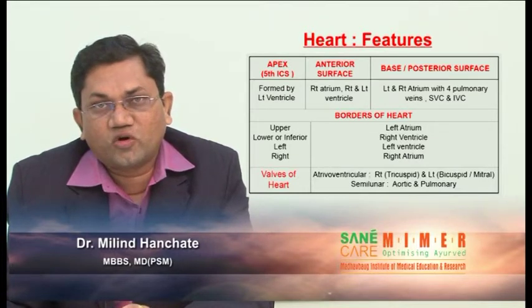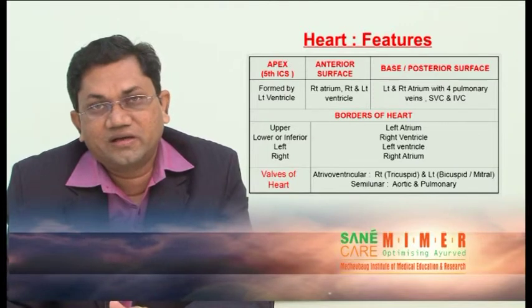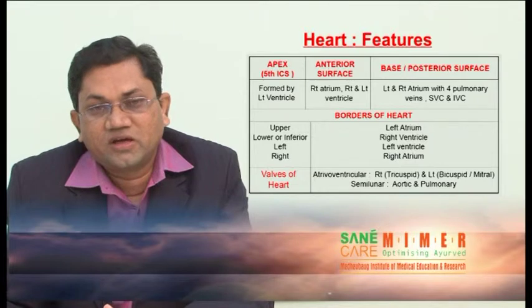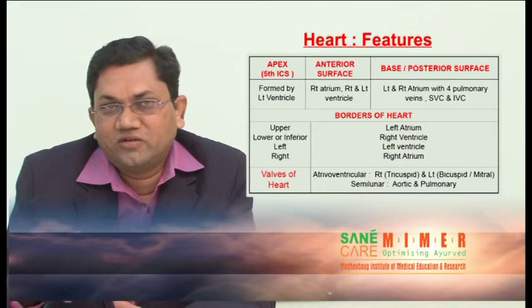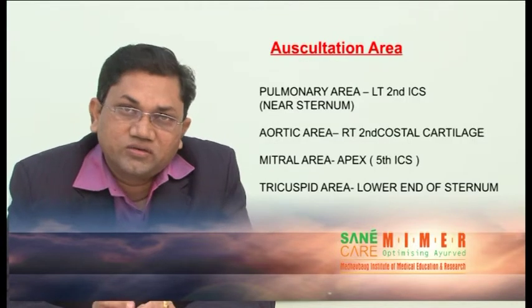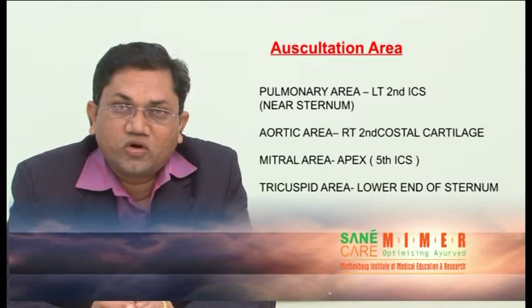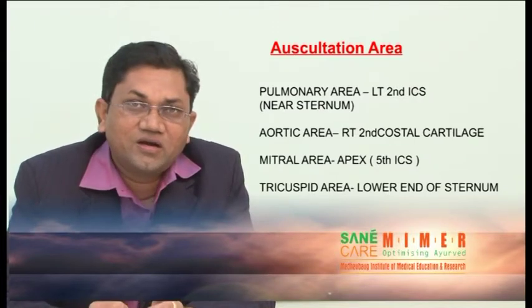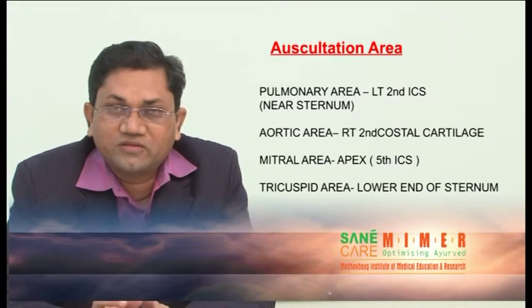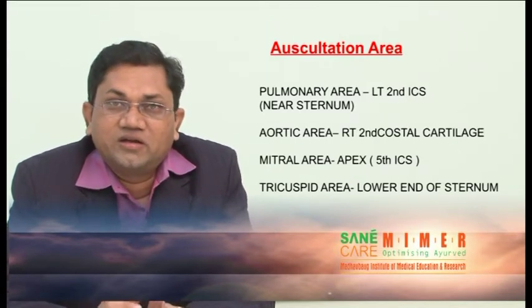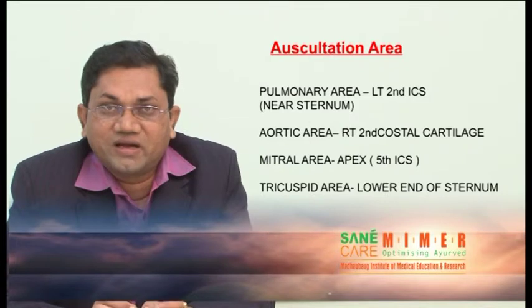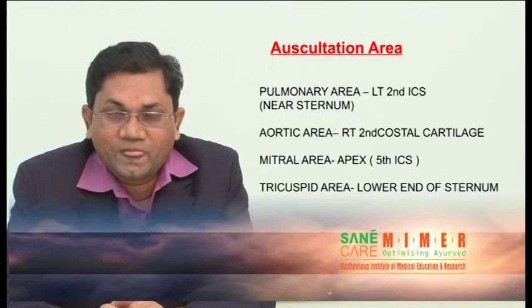Now, as far as the auscultation areas are concerned, which are important from the examination point of view, where is the pulmonary area located? To better hear abnormalities related to the pulmonary area, we auscultate in the second intercostal space on the left side of the sternum.